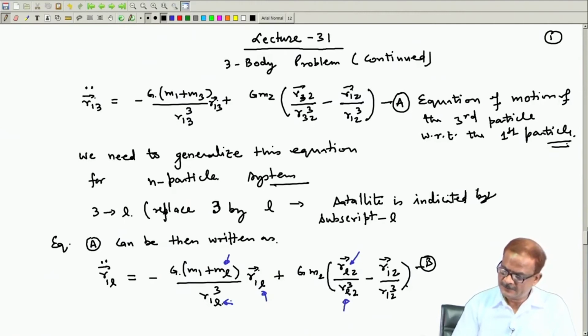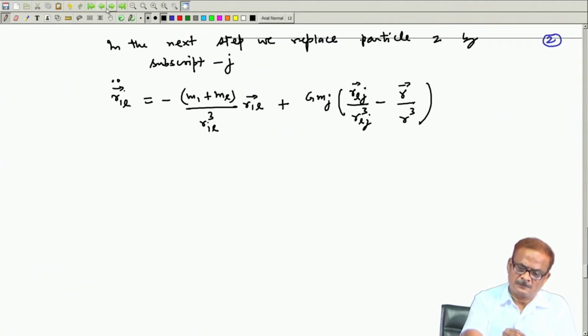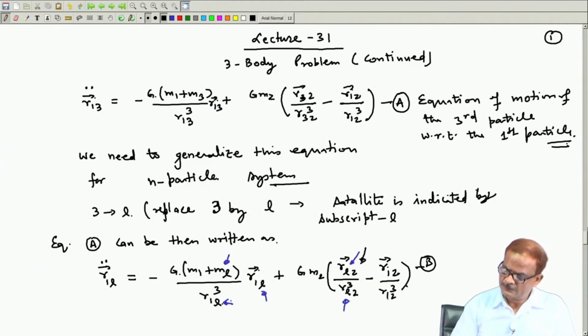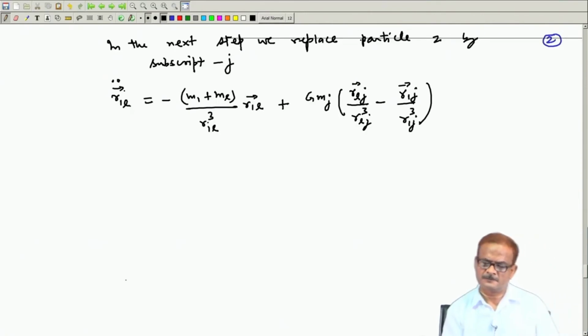So, R 3 2 was replaced by R L 2, since 3 was replaced by L. So, here 2 we are going to replace by J. This is R 1 2, so this will become R 1 J.